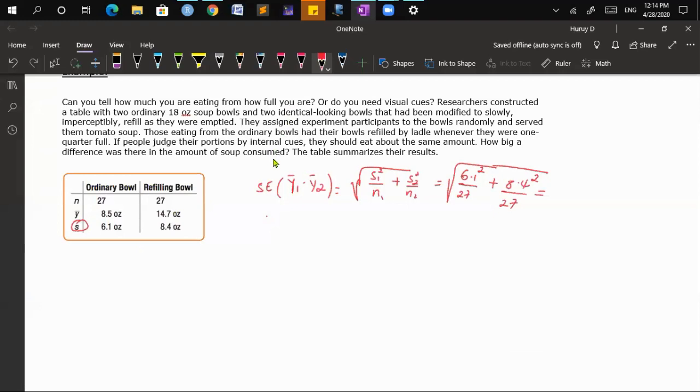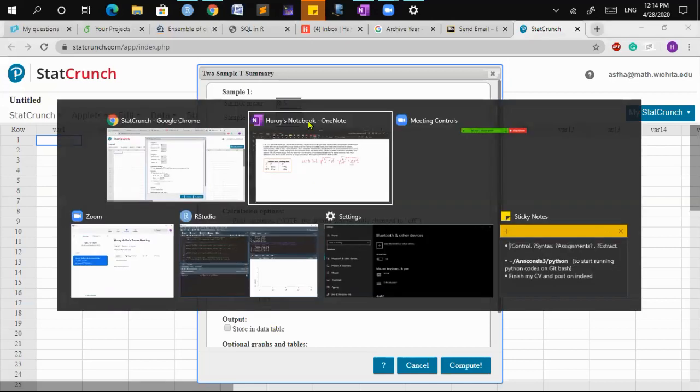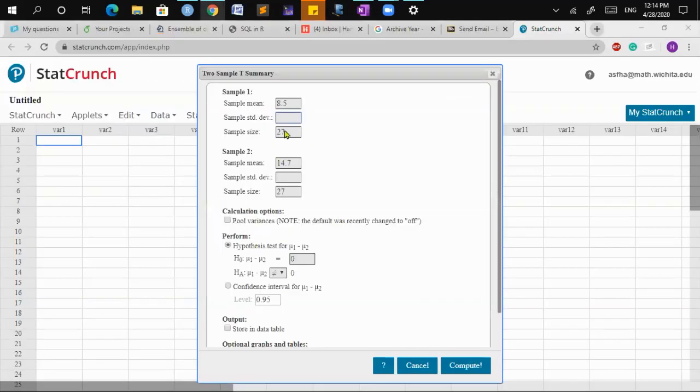For this case, the means are 8.5 and 14.7. We have the sample sizes 27 and 27, and the sample standard deviations 6.1 and 8.4.